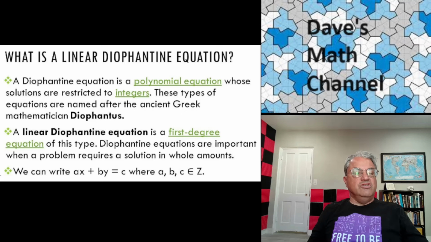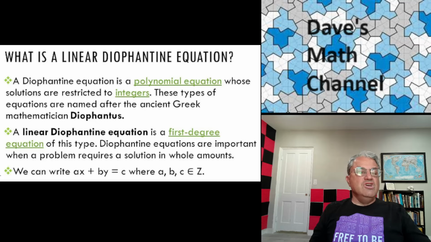And you probably learned in high school that in general, in order to solve a system of equations, you have to have the same number of equations as unknowns. And here we only have one equation and two unknowns. So you might think that this linear Diophantine equation is unsolvable or it has infinitely many solutions. Well, it's true that it has infinitely many solutions, but don't forget the restriction we're making, that we're only considering integer solutions.